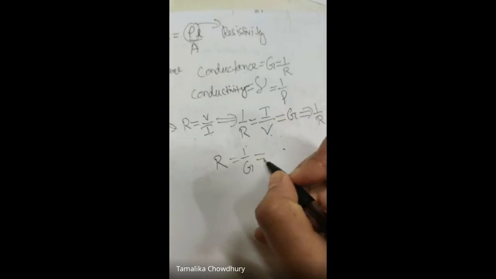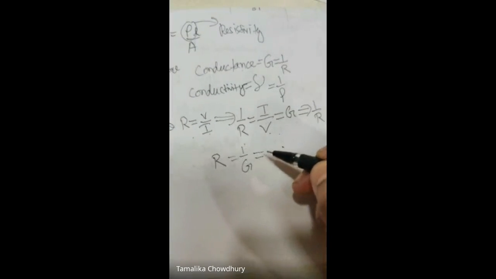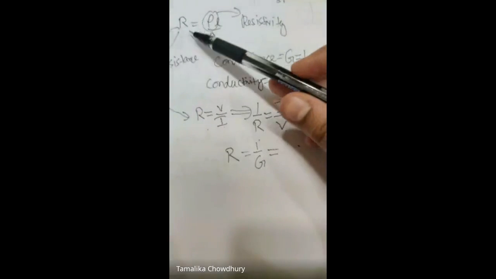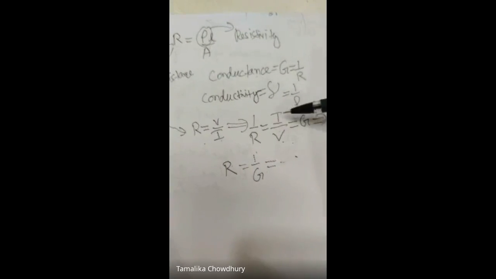G equals 1 by R means R equals 1 by G. Now, since R is also written as rho L by A, this expression of rho L by A, I can write rho as 1 by gamma, or conductivity.